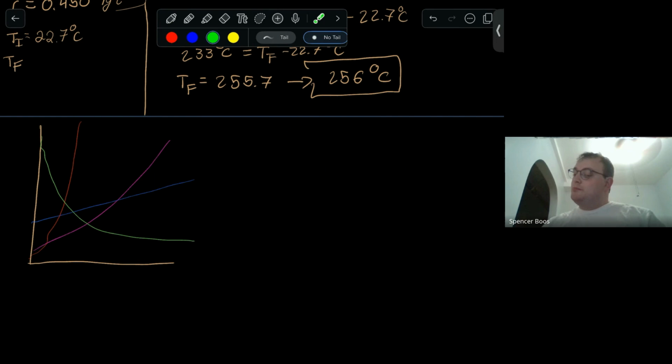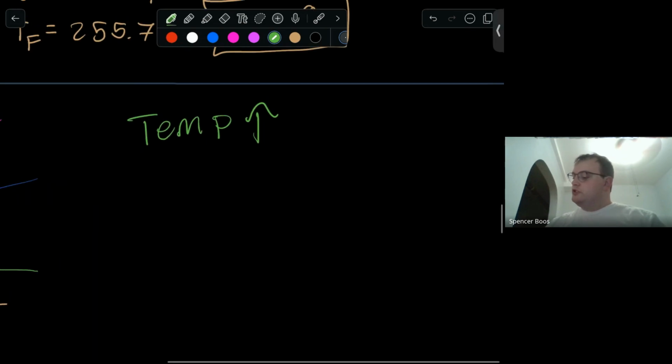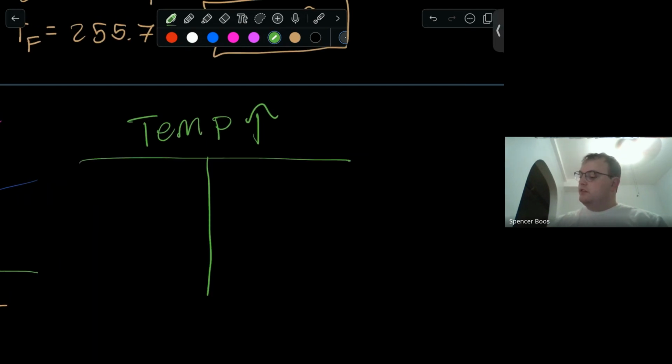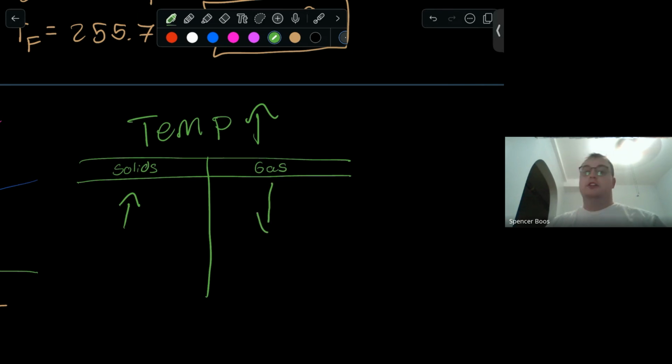Here, there is another big difference that I'd like to point out. We'll use yellow. For solids, as temperature increases, the solubility goes up with it. But for gases, it goes down.